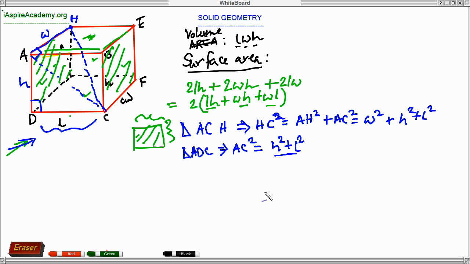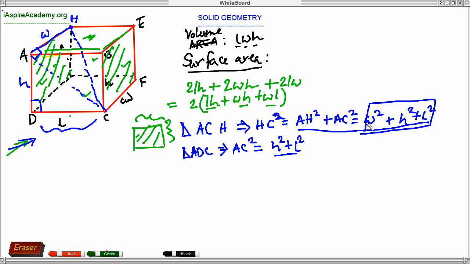Let's look at this carefully again. The long diagonal of a rectangular solid is the square root of the sum of the squares of each of these dimensions.